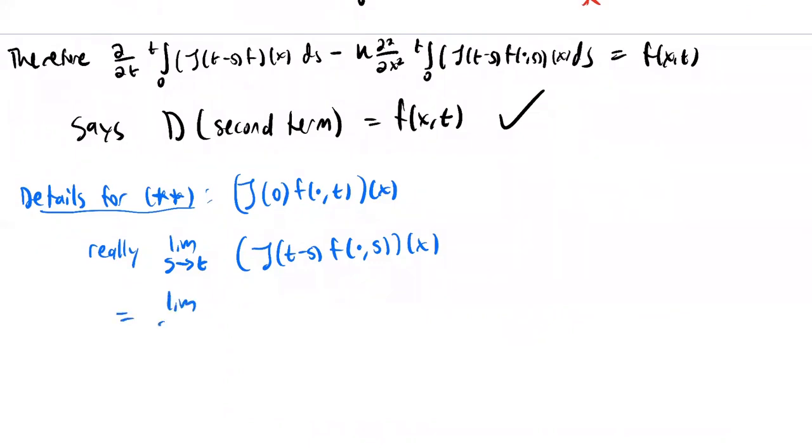Well, this is the limit as s goes to t of, well, the solution operator is this integral involving the Gaussian, but now at time t minus s.